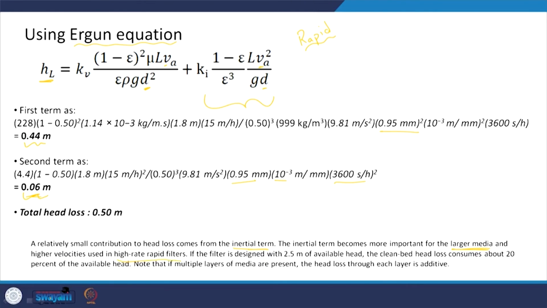Crittenden et al. tell us that if the filter is designed for 2.5 meters of available head, the clean bed head loss itself, around 0.5 meters, consumes around 20% of the available head. That is a lot of head loss, so that is something to keep in mind. So, let us move on.